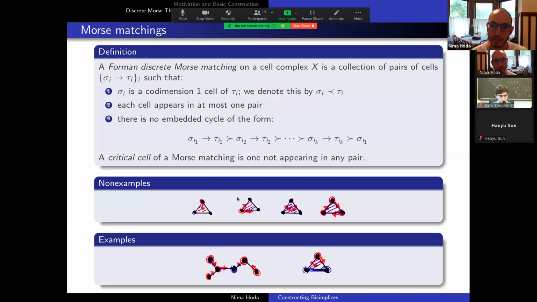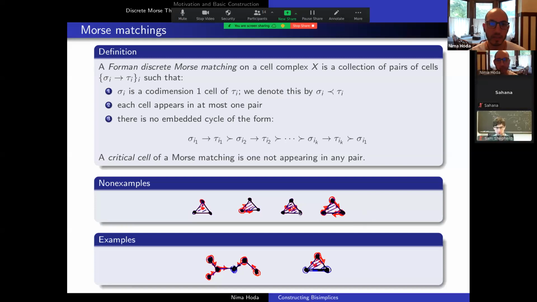The second example here is not a Morse matching because we have a vertex that's matched with two different edges. It's not a matching. That's also the problem with the third case, where we have a triangle that's matched with two edges.